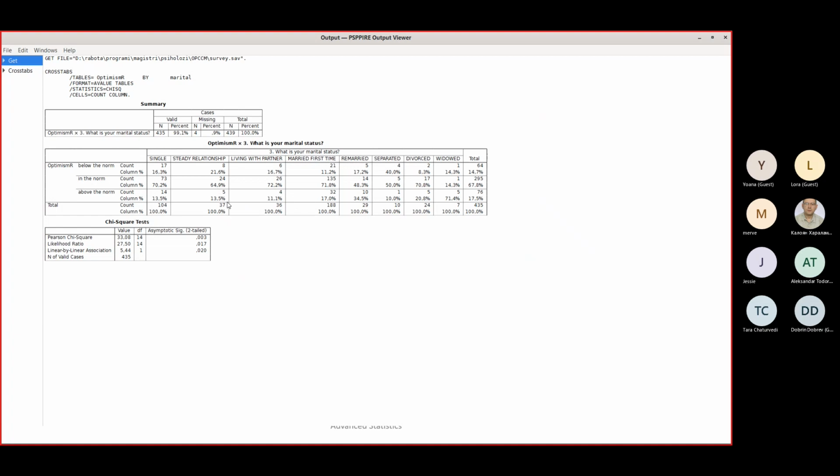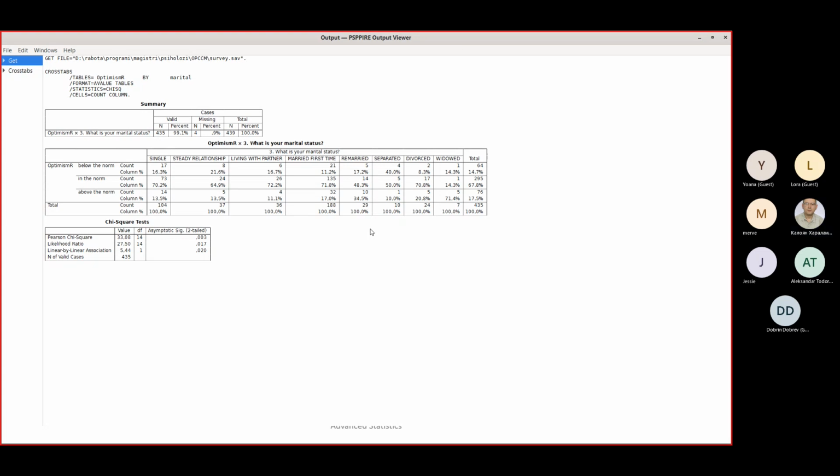Are these differences larger or smaller than sampling errors? If the differences are smaller than sampling errors, that means that these differences are not statistically significant. And if these differences are larger than sampling errors, that means that these differences are statistically significant. So we need, again, testing of statistical hypotheses.